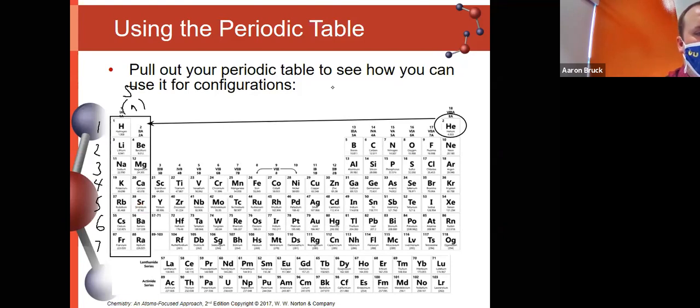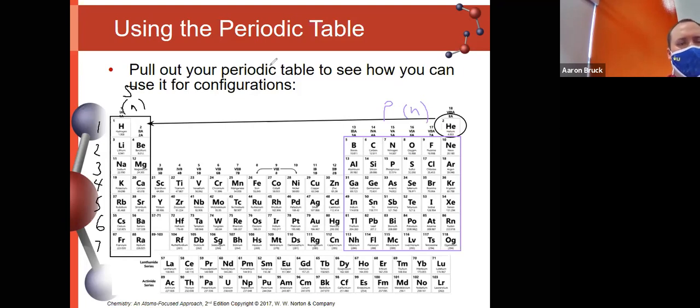Over here on the right-hand side, starting with boron and going all the way down to oganesson, this is your P block. The P block also follows the period numbers exactly.